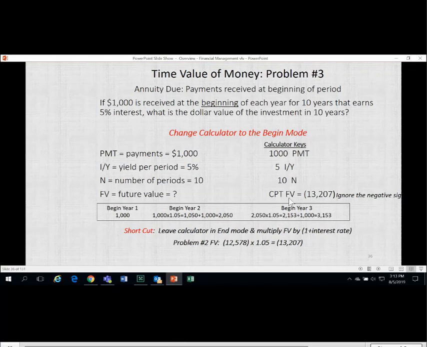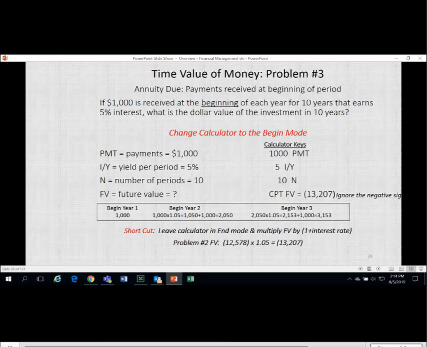Now, actually, there's another way of doing that. There is a shortcut. You could just leave your calculator in the end mode, and then when you solve for future value, multiply by 1 plus the interest rate. Okay? So problem 2 was identical, except it was end of period. We solved for the future value, and we found that it was 12,578.